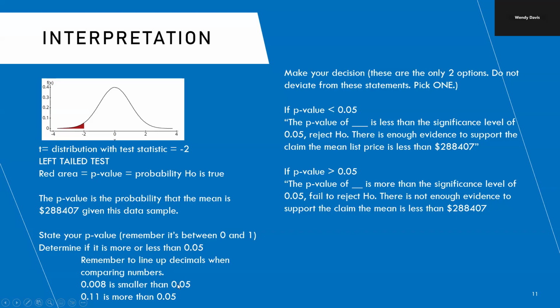They both have a 0 after the decimal. This has a 0 in the second place, but this has a 5. So 0.0 is smaller than 0.5. But 0.11 is more than 0.05 because you start with that first decimal. 0.1, 1 is bigger than this 0. You make your decision.